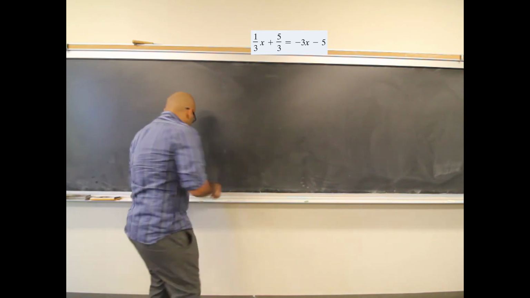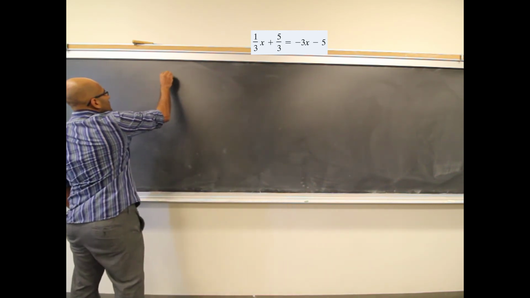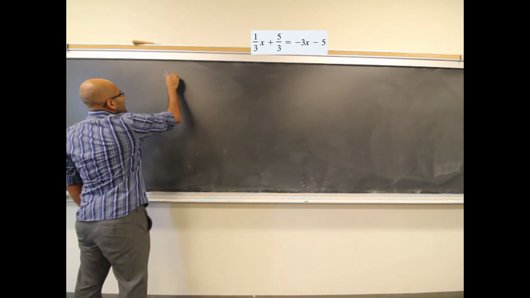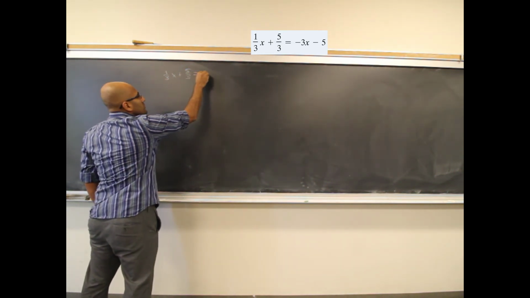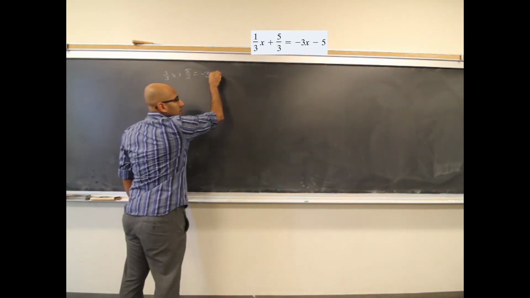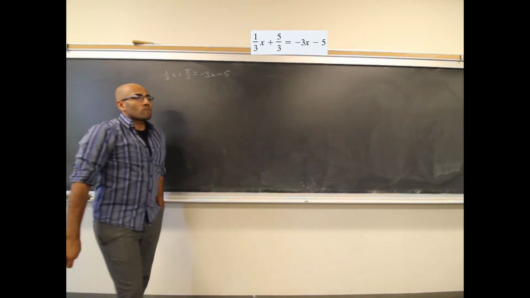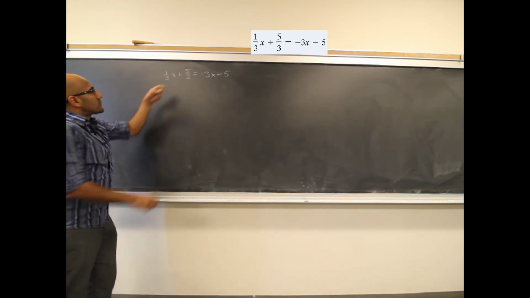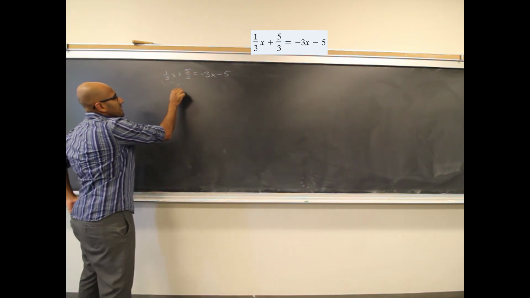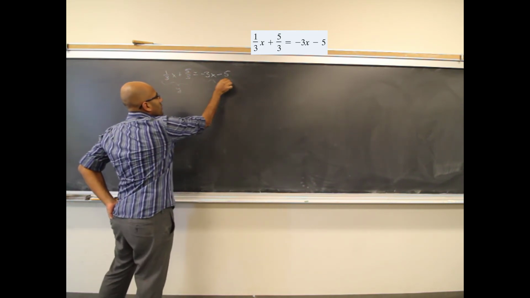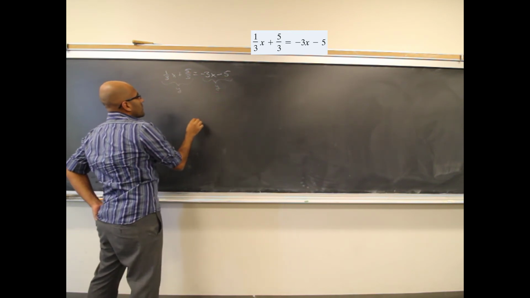Okay, so the original question is 1/3 x plus 5/3 equals negative 3x minus 5. What we're going to do is think about rewriting this as a system of equations. So we're going to think of that as one equation and that as another equation.